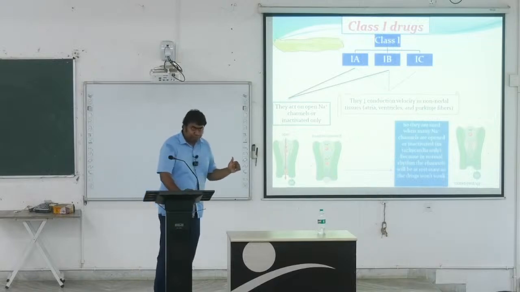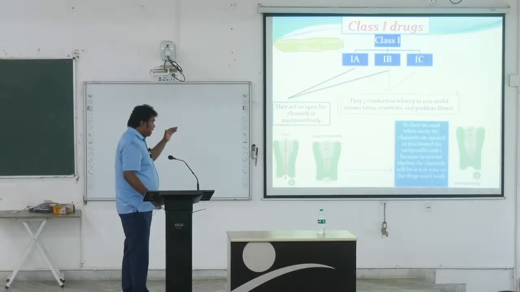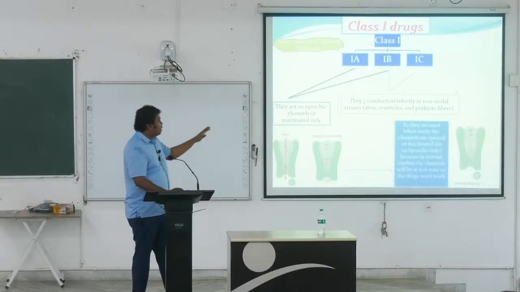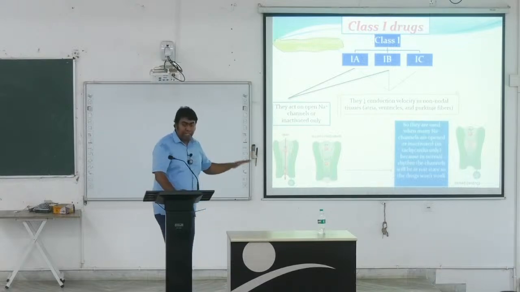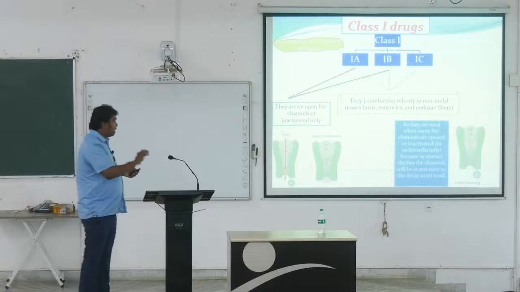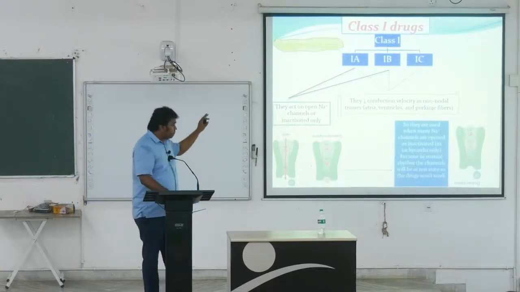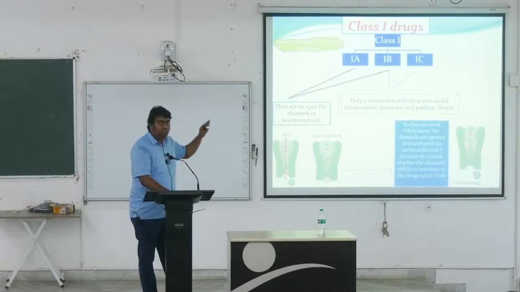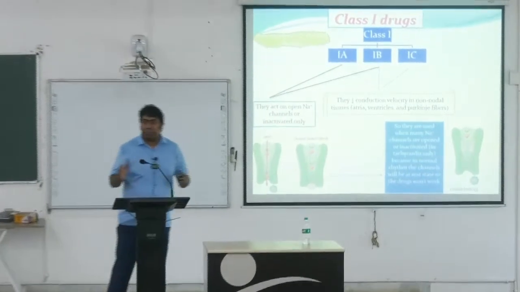Non-nodal means other than SA node and AV node: atrium, ventricle, Purkinje tissue. So they are used when there is a tachycardia, by reducing conduction in atrium, ventricle and Purkinje tissue, not in the SA node or AV node.